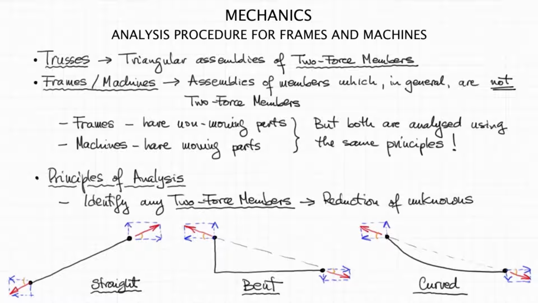Now, once you have identified the two-force members, you would have to determine in a question whether the frame or the machine is rigid or non-rigid when it's removed from its supports.